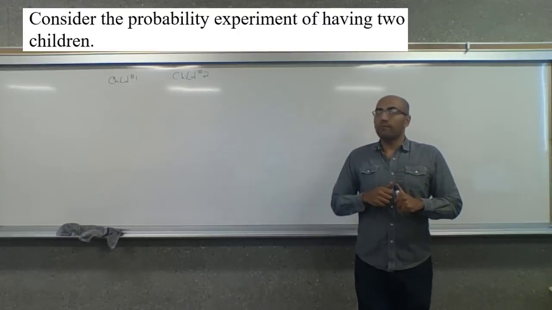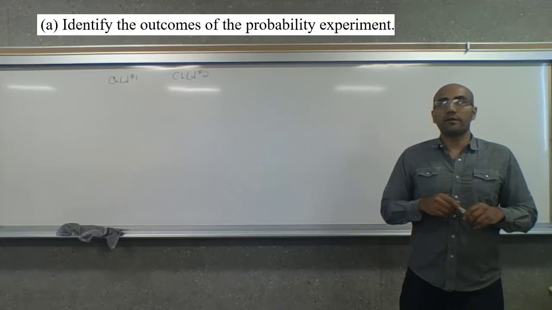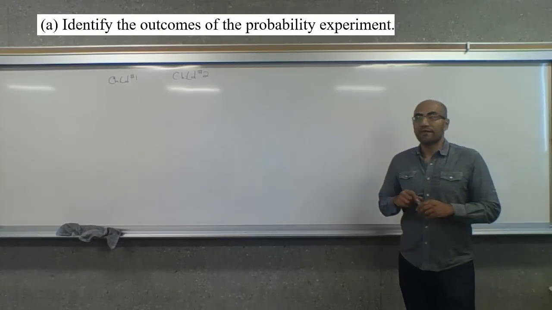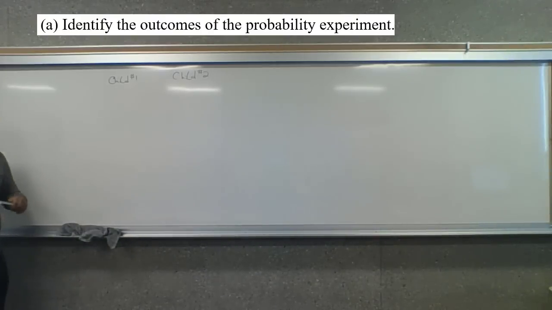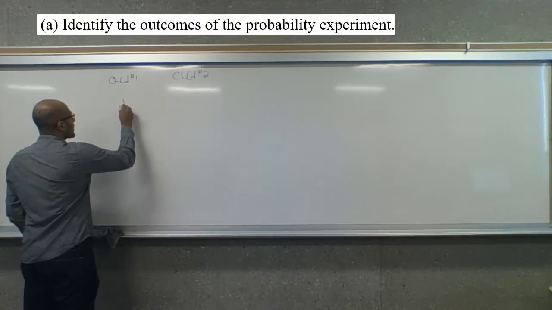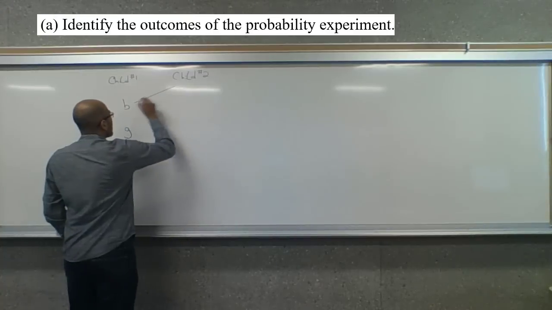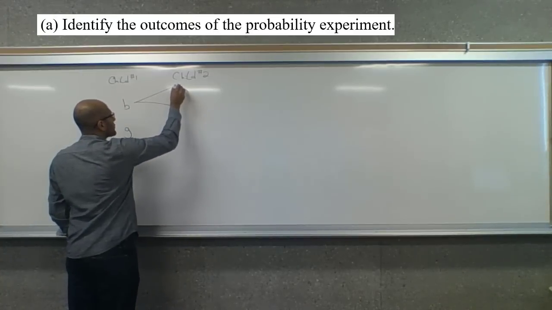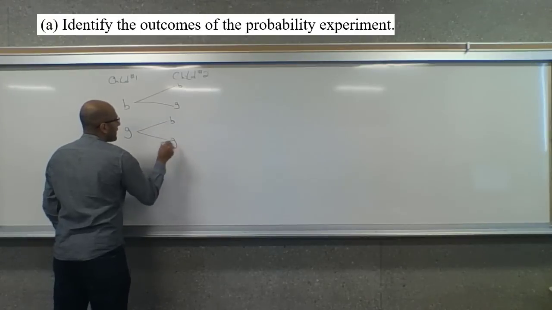So if we keep track of their gender, let's identify the sample space of this experiment. The experiment is that a couple is going to have 2 children, 1 at a time. We're going to keep track of their gender. So the first child is either a boy or a girl, and then from that we make what's called a tree diagram that will help us identify all the possible outcomes.